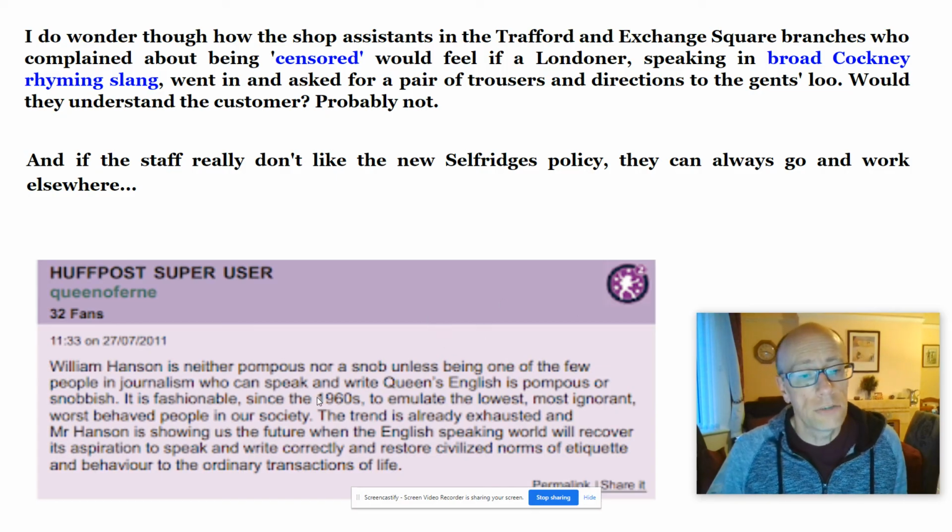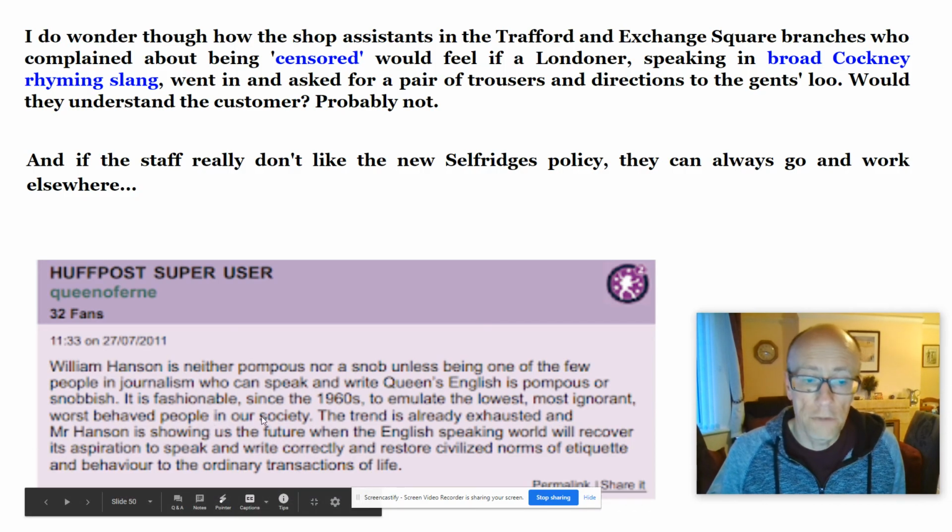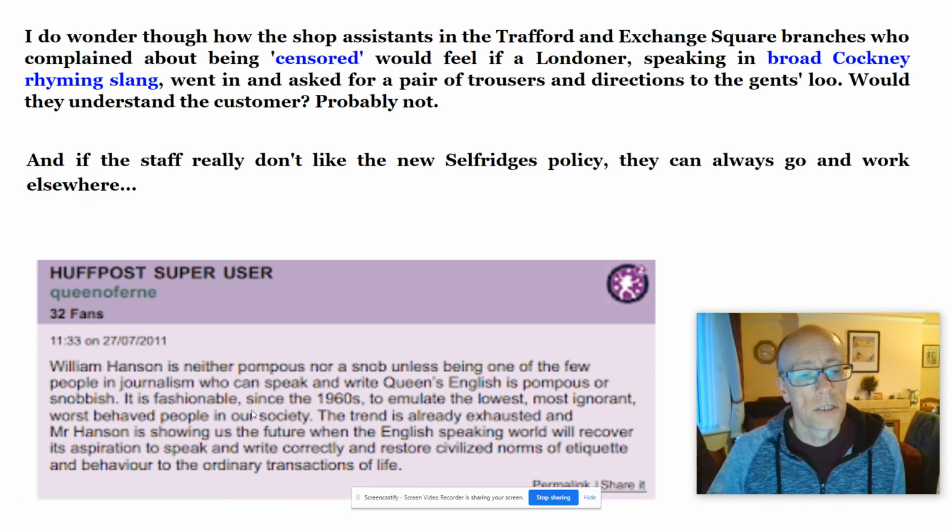It goes on. It is fashionable since the 1960s to emulate the lowest, most ignorant, worst behaved people in our society. So here, and again, there's the copular verb there. We've got this broad sociological statement that's being made about society generally over a huge amount of time. So a very generalized, vague assertion.